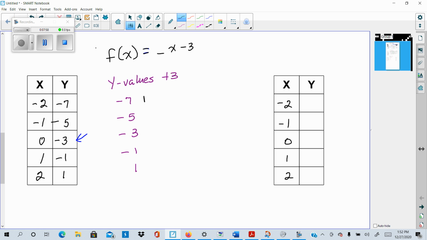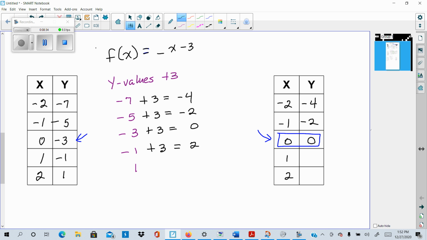So if I take negative 7 plus 3, that is going to give me negative 4. If I take my negative 5 plus 3, that's going to give me a negative 2. If I take my negative 3 plus 3, that's going to give me a 0. Once again, important to look at this. They're both 0. So now going back, I've got negative 1 plus 3. That's going to be 2. And I've got 1 plus 3 is going to give me 4.